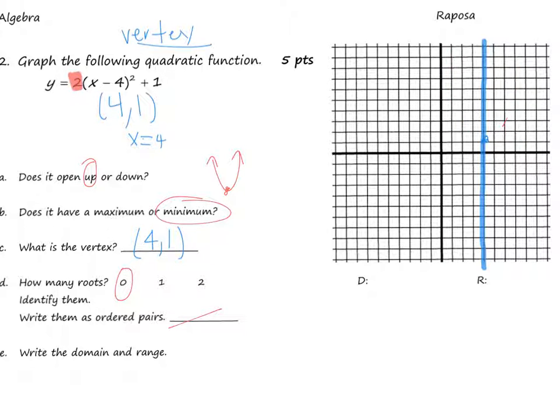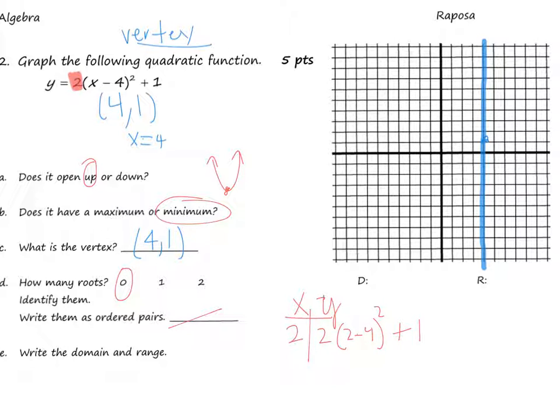So all we have to do is pick a point. Since this is growing twice as fast, I think that we should probably pick points very close to 4. So you could pick like a 3 or a 2 at best. I'm going to choose 2. So when x is 2, let's plug it in. We're going to get 2 times (2 minus 4) all squared plus 1.